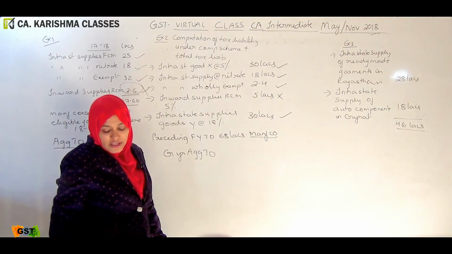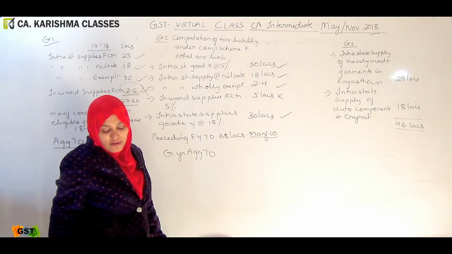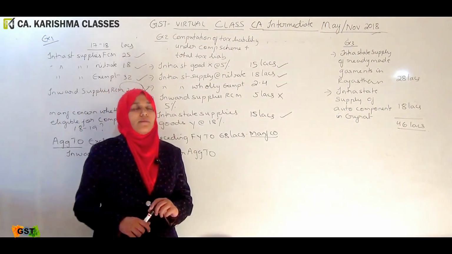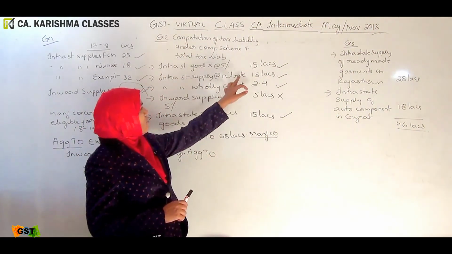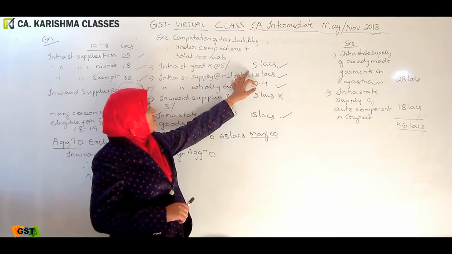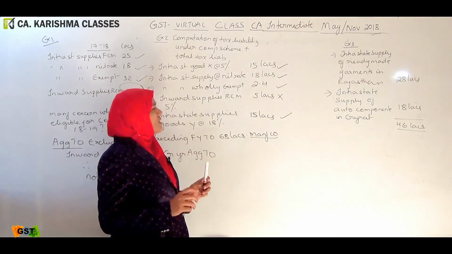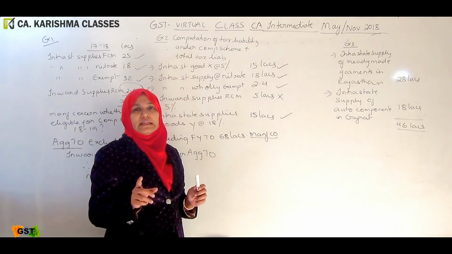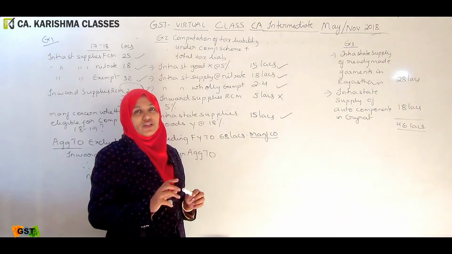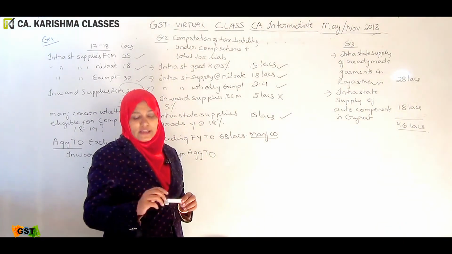So, that is 50 lakhs 40,000, and then you have interstate supply of goods which are chargeable at 18%. So, I will come back to this problem. I have done a small correction here. I have made it 15 and 15 because end of the day, this problem is not testing us on eligibility, rather it is testing our computation of liability and the composition scheme.